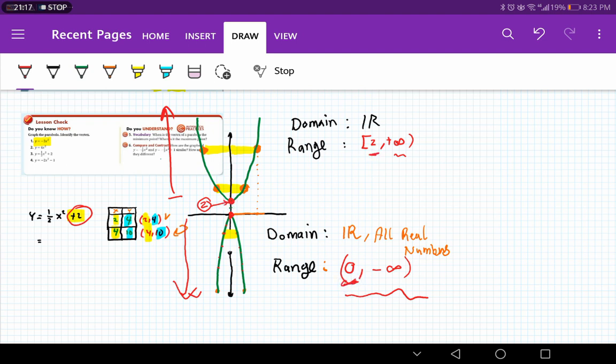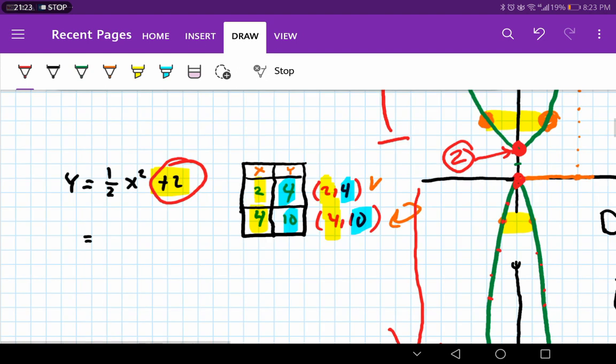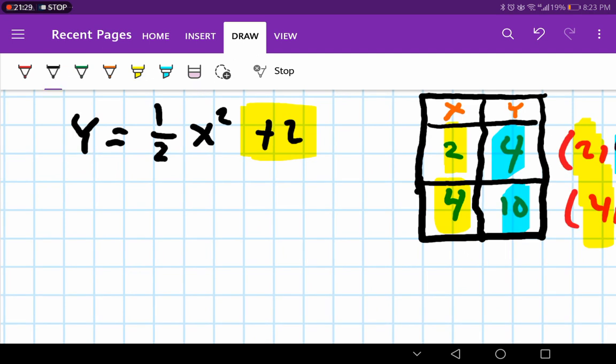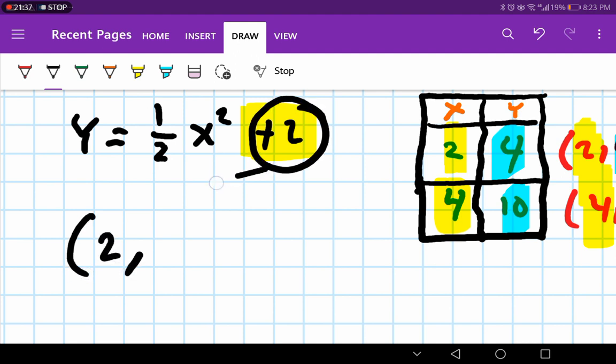The 0, because there is no plus in the function, and the 2 I bring from here. So without graphing, I can get the range from here. The range is from 2 to positive infinity, because this is positive.